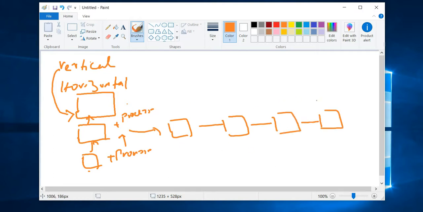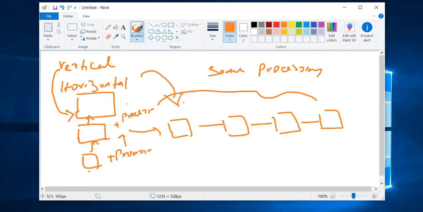So rather than increasing the processor in one single machine, in the horizontal scalability, I'm just adding more computers to this.